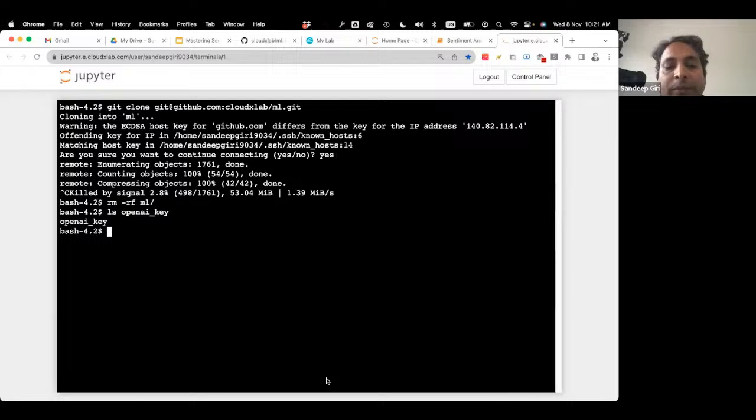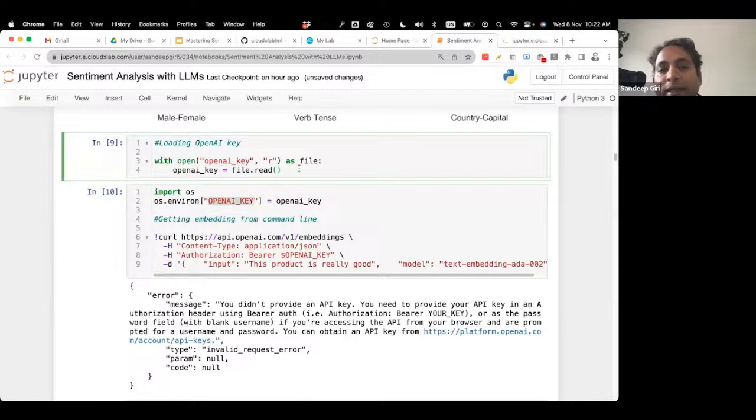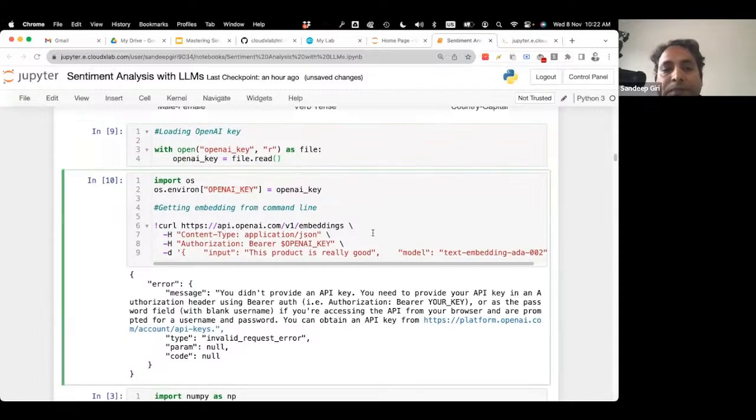Or you can just give it to me here, I'll put it. Okay, so I'm just seeing my OpenAI key to be configured. Usually you have to go to their website and get the key and save it, and you can read it like this.